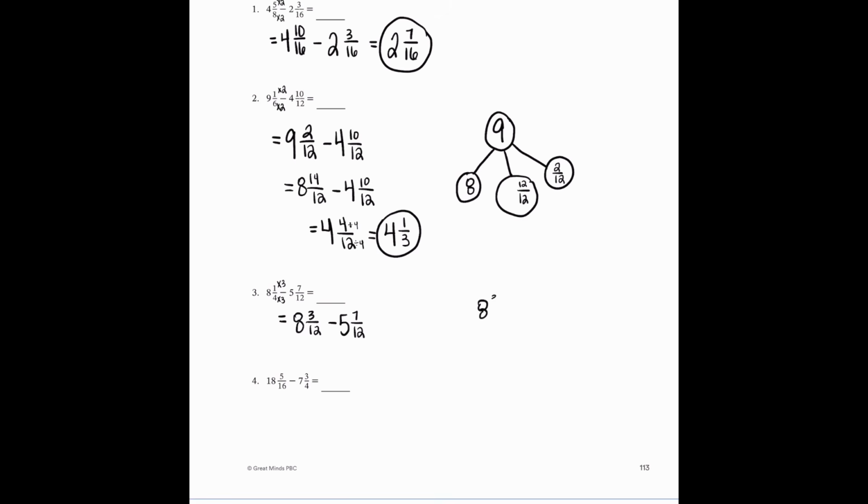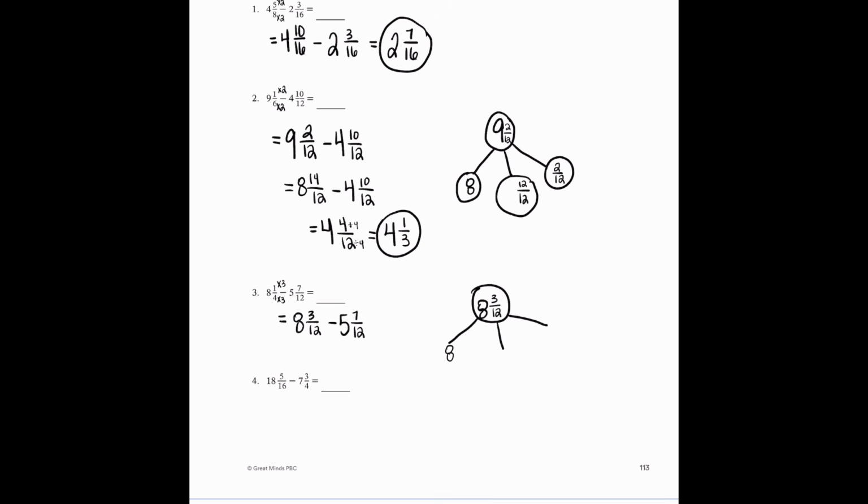Now, I just want to mention up here I did make a little bit of a mistake. This should be 9 2/12 decomposed into that. So make sure we're decomposing that whole mixed number and not just that whole number.